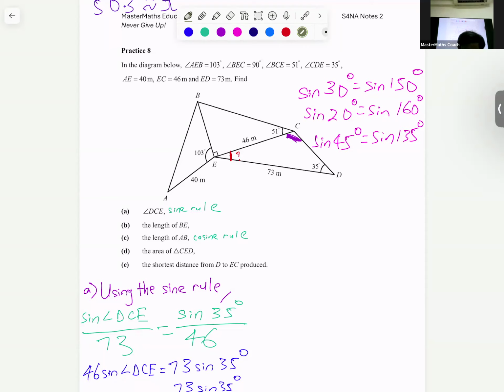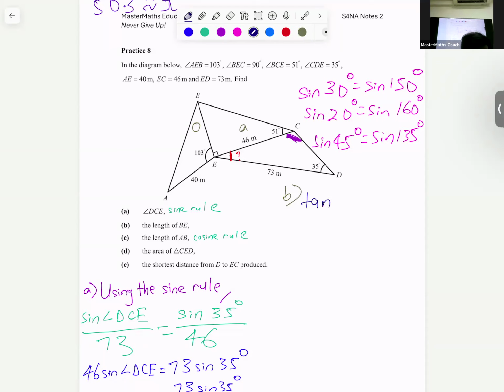Okay, next, the length of BE. So, Nurin, what do you use for BE? Do you use sine, cosine, or tangent? Tangent, right? Because this is my opposite, this is my adjacent.